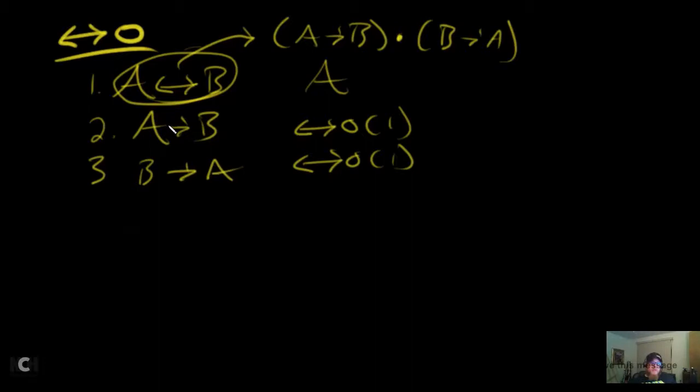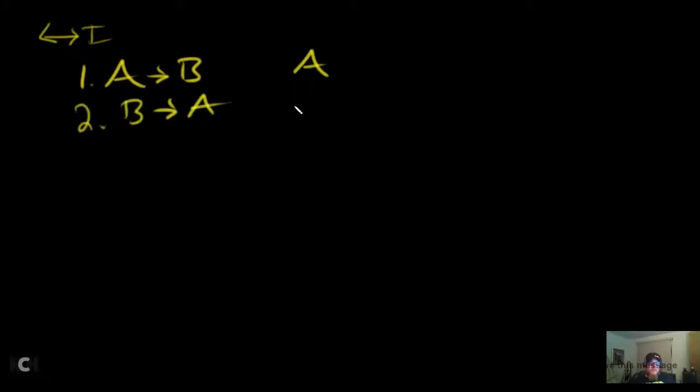That also leads us into the next rule, double arrow in. Double arrow in is the exact same rule, just in reverse. If I have A arrow B as an assumption, and I have B arrow A as an assumption, that means I can get A double arrow B.